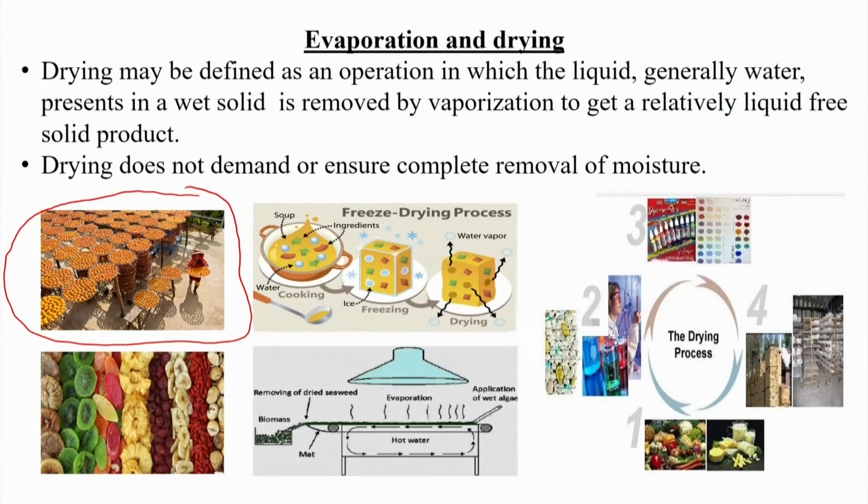Let us take one example of soup. Nowadays we can get many ready to eat soups. Suppose the soup contains different ingredients, and then water also, and it is one complete soup.